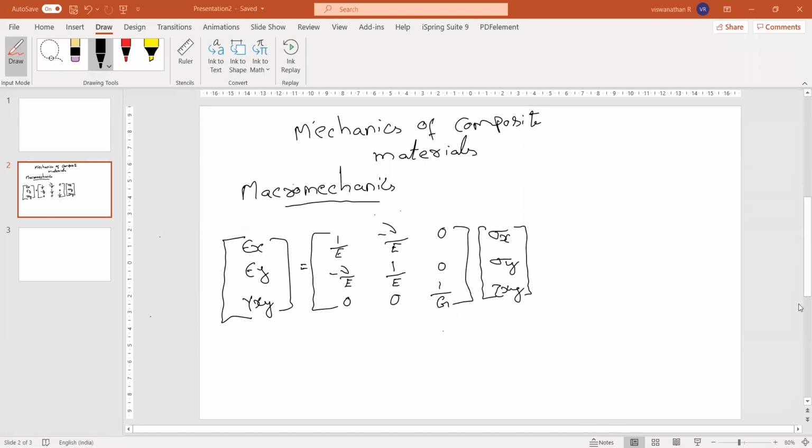But is there any relation there? G and E are dependent. E and G are related. What is the relation?